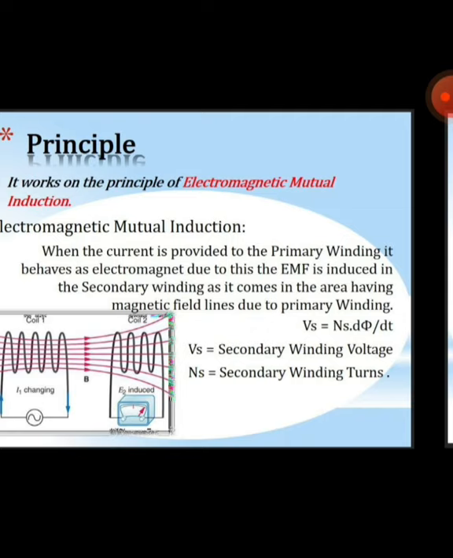Vs is equal to Ns into d phi by dt. Vs is the secondary winding voltage. Ns is equal to the secondary winding turns.